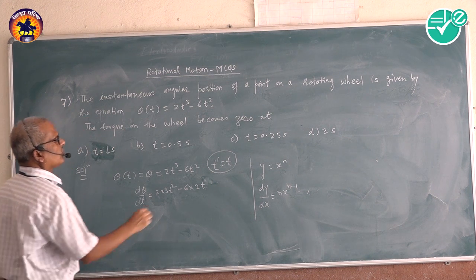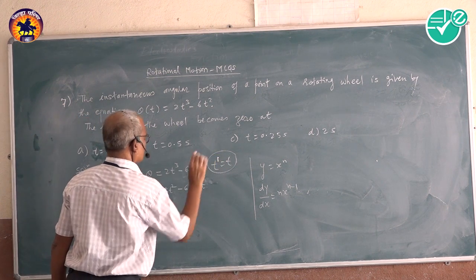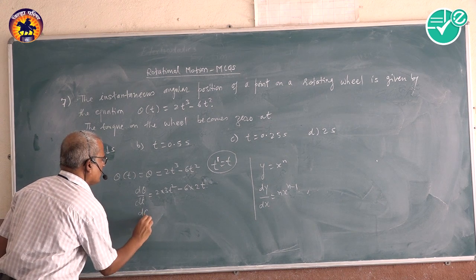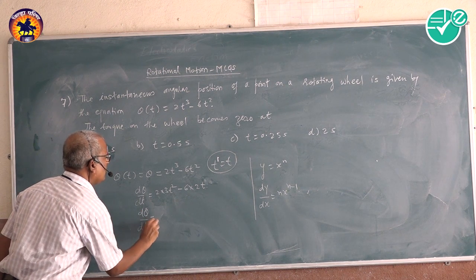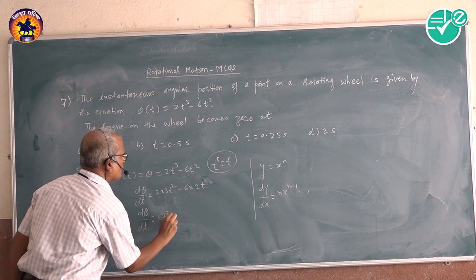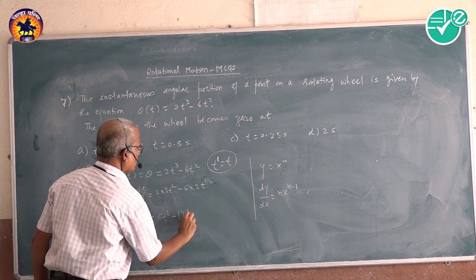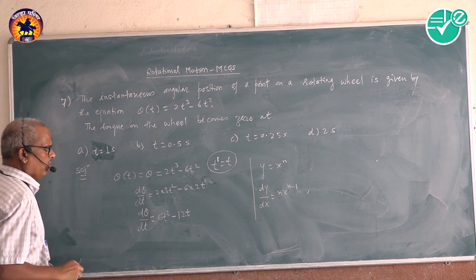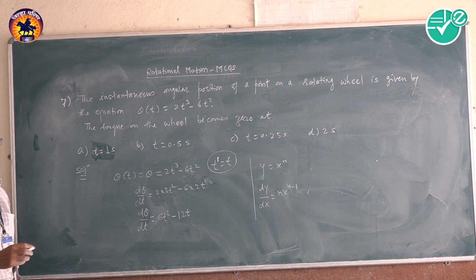So this can be written as d theta by dt is equal to 6t² minus 12t. Again we have to take the derivative of that.